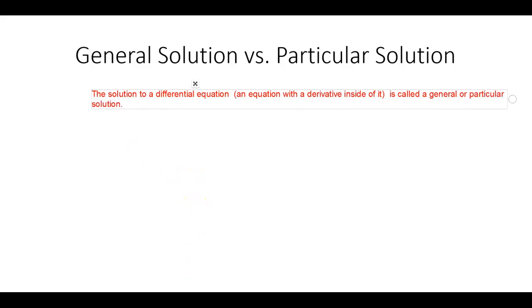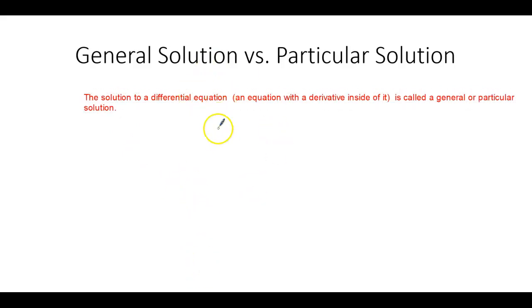All right, so for example, here is a differential equation. If I told you y prime equals 3x squared, this would be a differential equation because it's an equation that has a derivative in it, right?